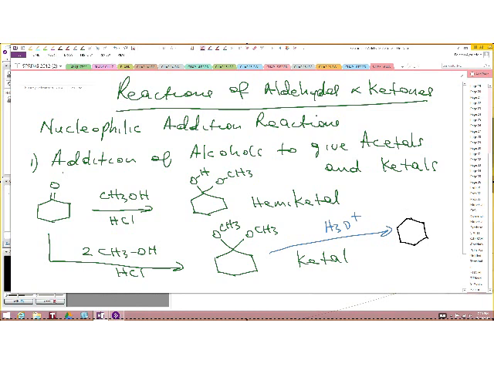Some of you will say, then what is the point of this reaction then? Okay? Under acidic condition, the ketal is very unstable. But under basic condition, it is very stable. So how do we use it? So what is the point to this? We could therefore use the ketal as a blocking group, as a protecting group.